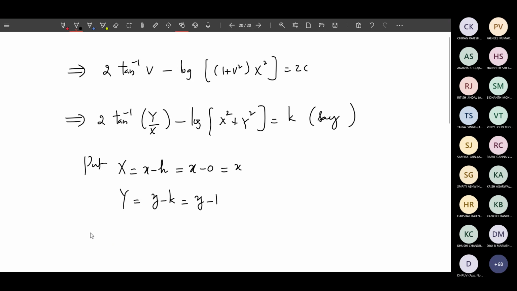So therefore this becomes 2 tan inverse (y minus 1) by x, minus log of x square plus (y minus 1) whole square, equal to k.